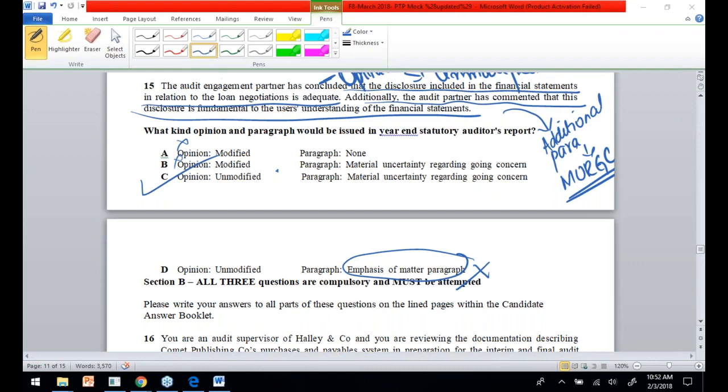The best way to answer multiple choice questions or multiple task questions in your exam would be to first read all of the requirements, not the options, and know what is being asked. Then go back to your scenario and read the scenario carefully once. Read it extremely carefully. Make notes on the scratch pad or on the question paper.